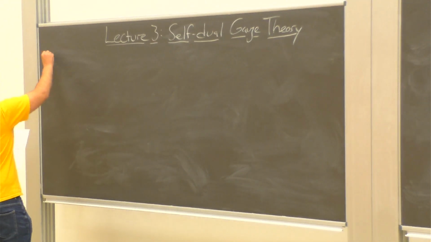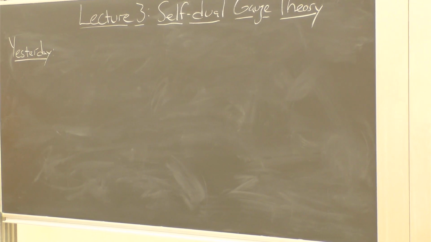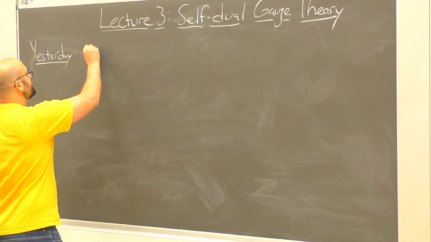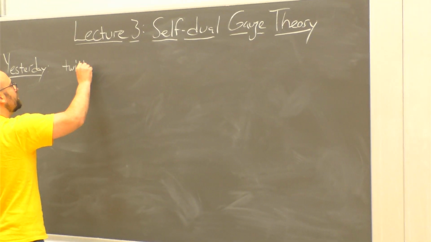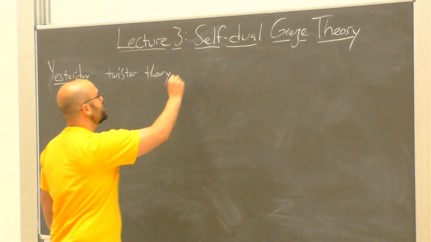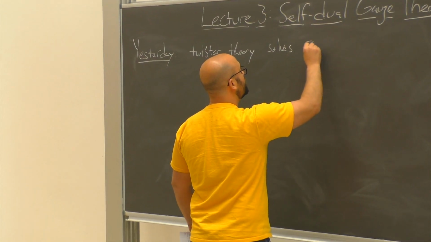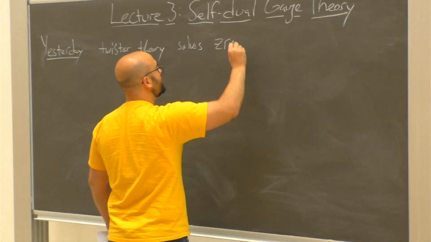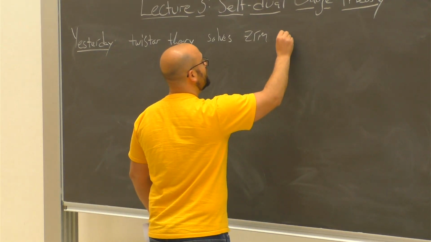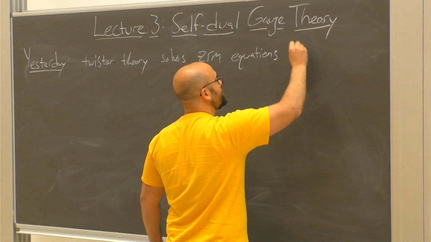Yesterday, the takeaway message that we learned was that Twistor theory generates solutions to linear massless free field equations, or the zero rest mass equations, on complexified Minkowski space.